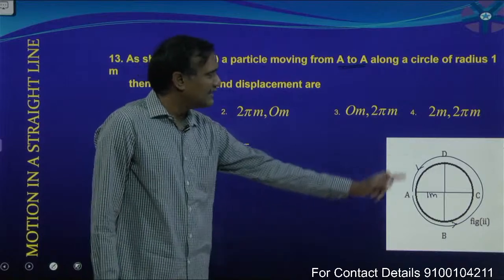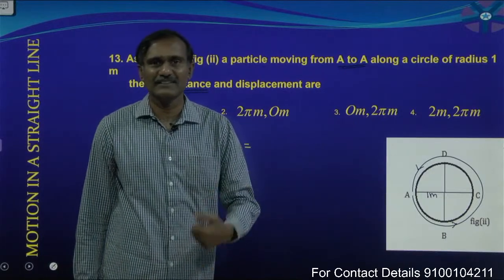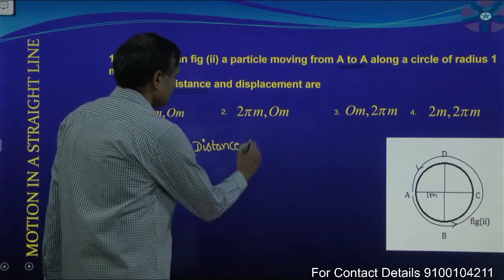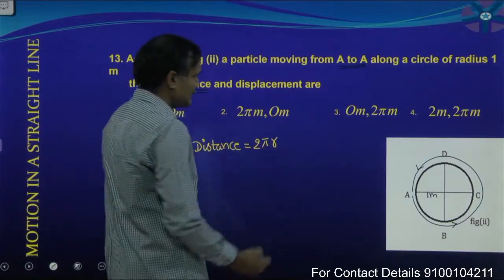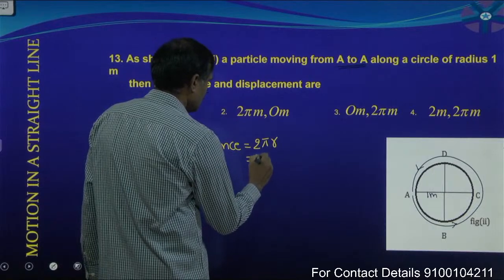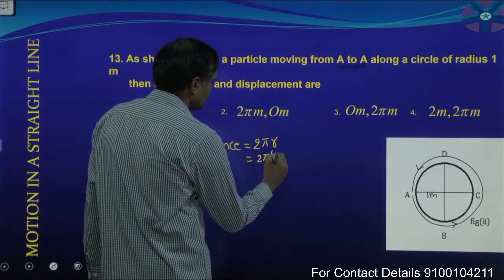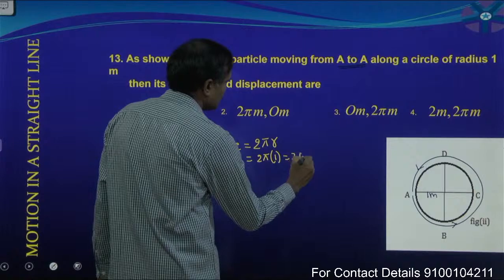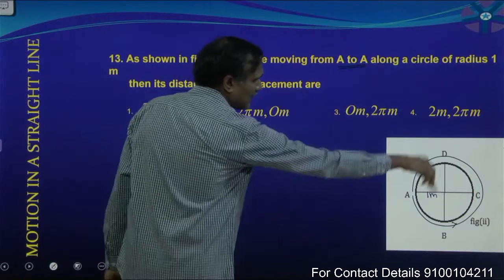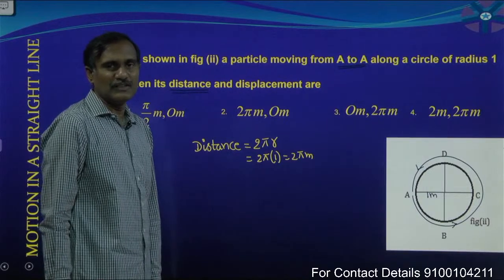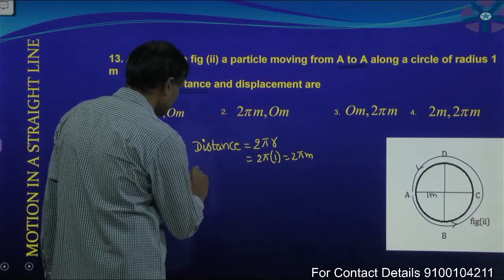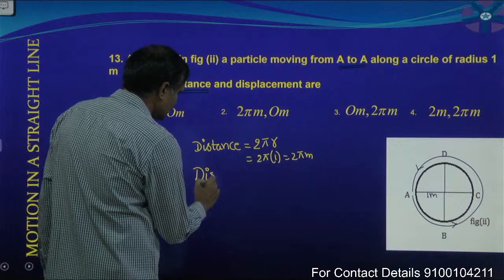The total length, nothing but the circumference. So it is equal to 2 pi r. So it becomes 2 pi into 1 meter, that is equal to 2 pi meter. A to A, complete revolution. What about displacement?